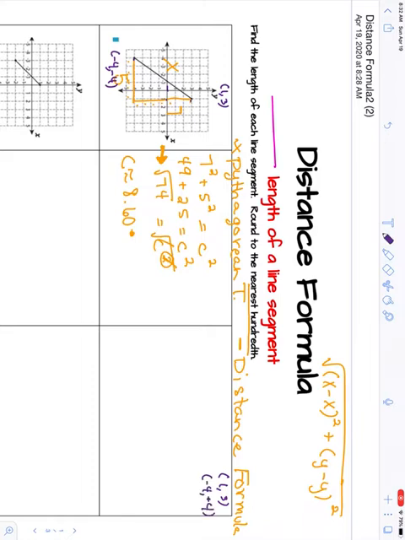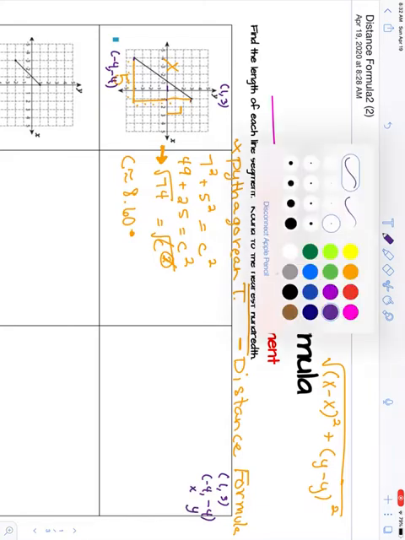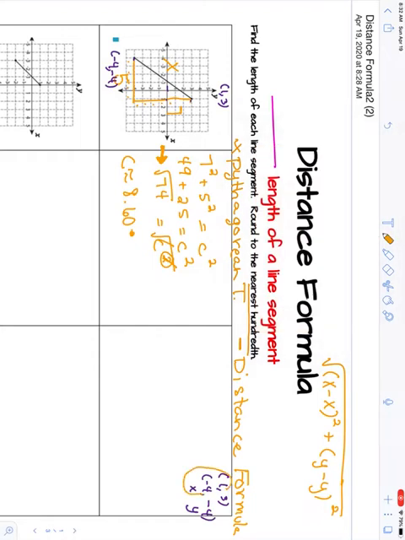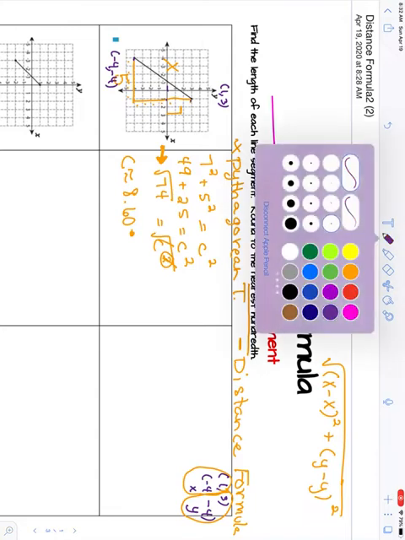Oops, that's a negative. Okay, because then I know these are my two x terms, these are my two y terms. These are my x's, these are my y's. So that way I know exactly how to put them in the formula.